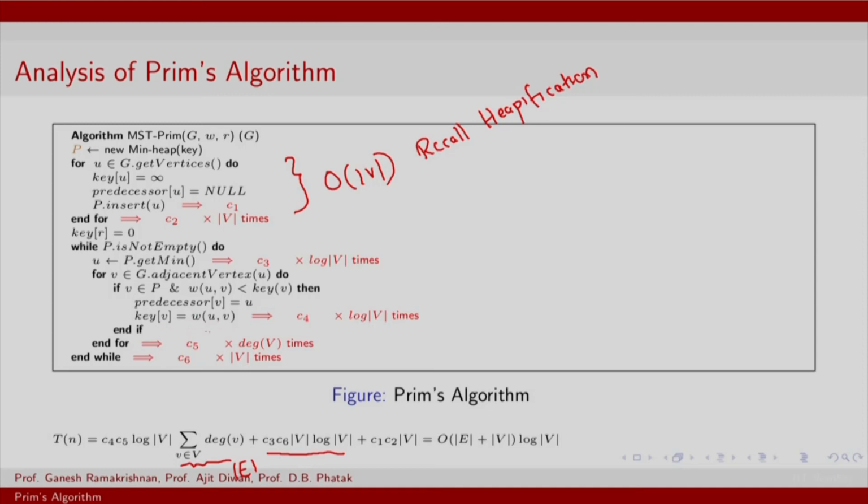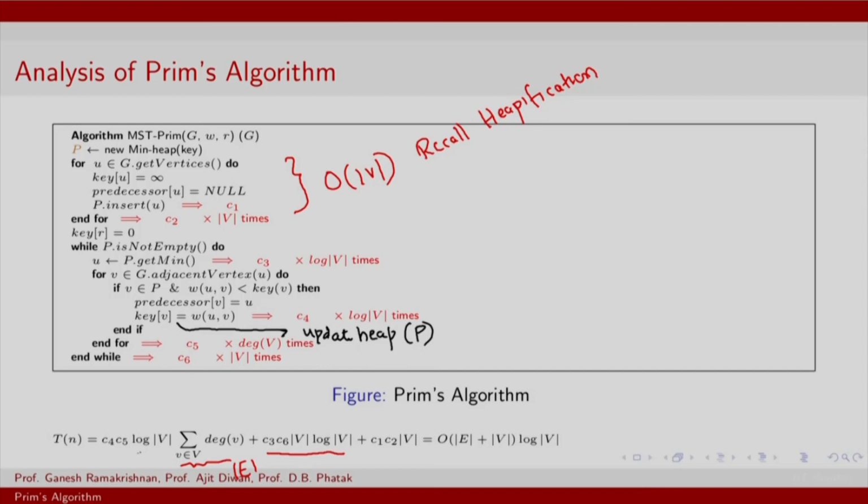So the moment you update the key, we have left it implicit, but you might want to explicitly make a call saying update heap for Q. So this will take order log V time, and remember all this happens for time proportional to the sum of the lengths of all the adjacency lists.